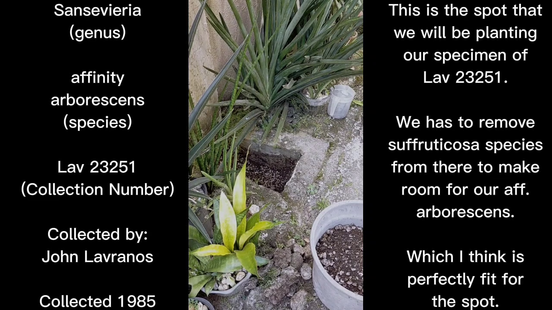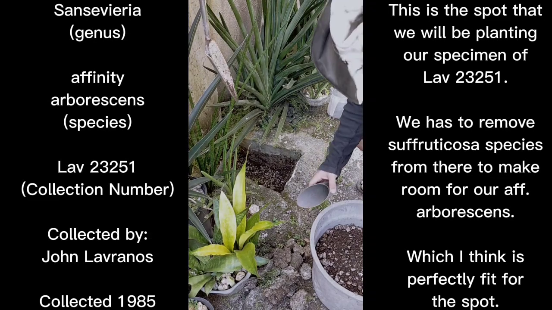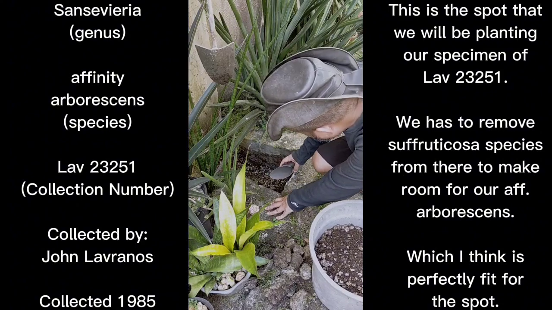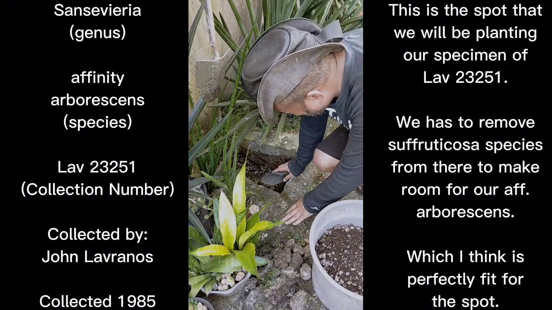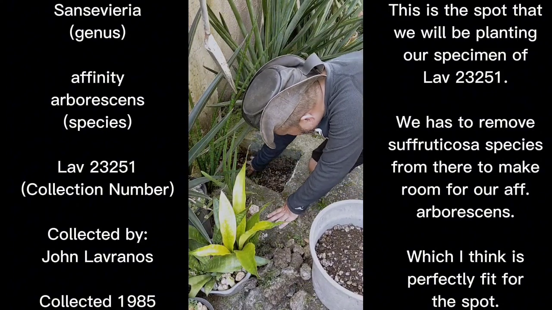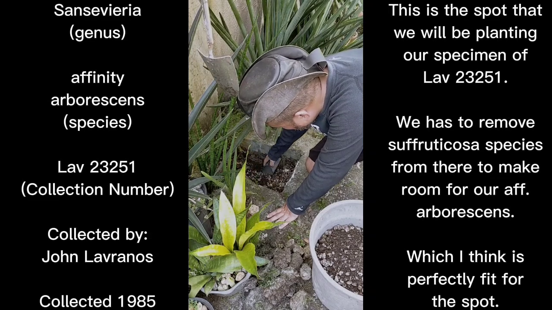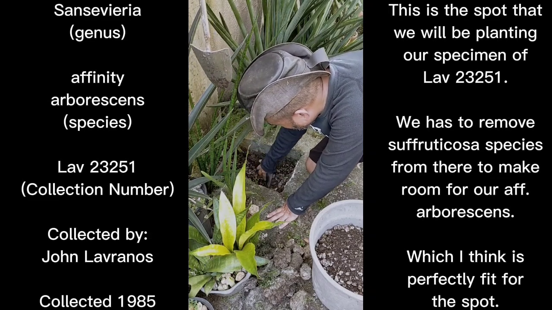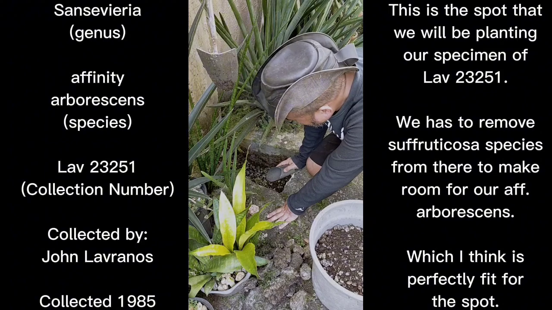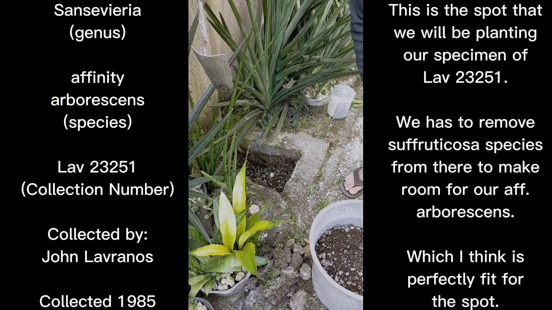What I'm doing is flattening out the lower parts of that spot so that we can position the Lavranos 23251 and it can grow upright. We kind of left it on its own in a corner for a very long time. That's why it started to bend over, because of the heavy top as well.